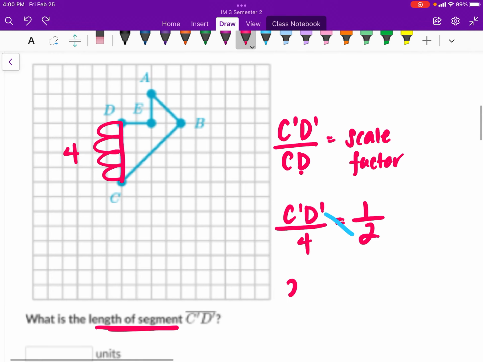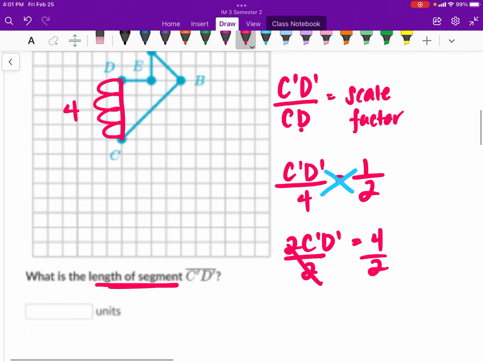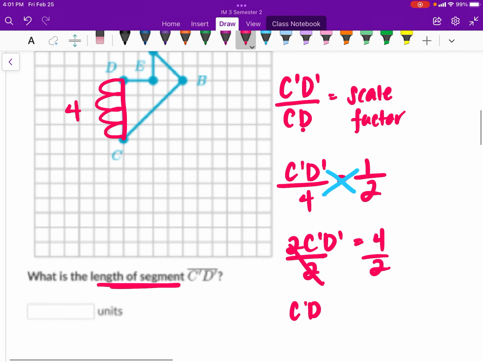That's going to give us 2 C prime, D prime equal to whatever 4 times 1 is, which in this case is a 4. Now, a goal here, guys, is to solve for C prime, D prime, so we do need to leave it alone. In order for us to leave it alone, we're going to divide by 2 on both sides. So C prime, D prime is going to be 2. So our answer here is 2.